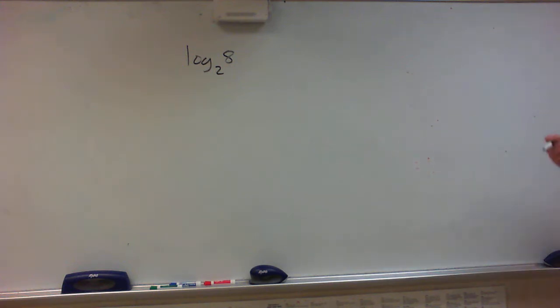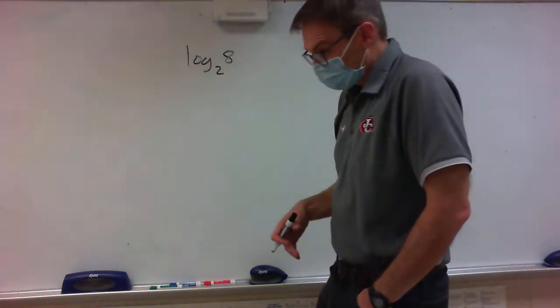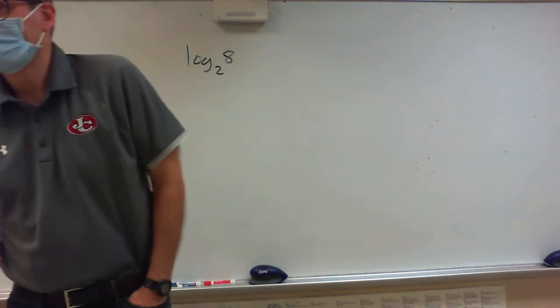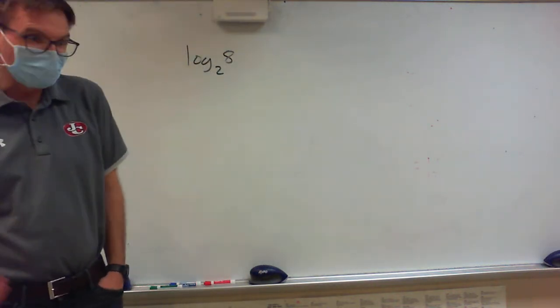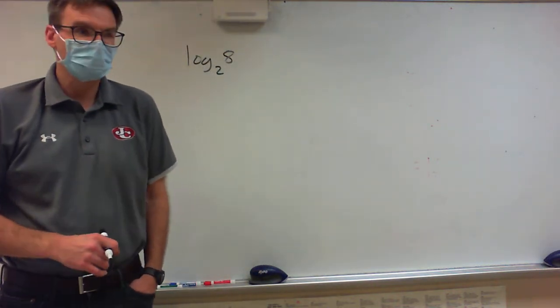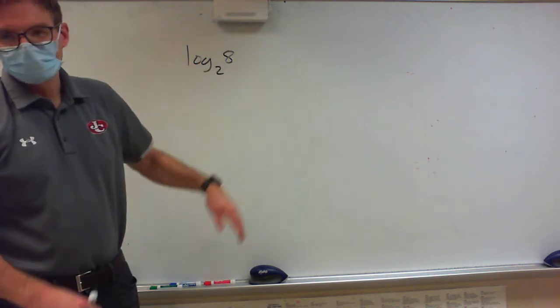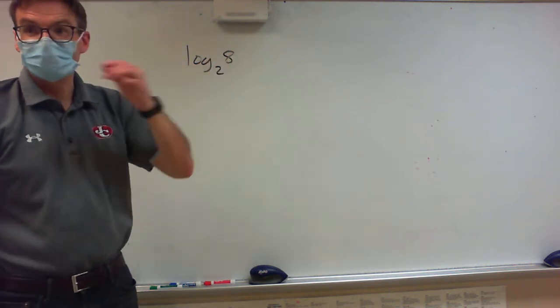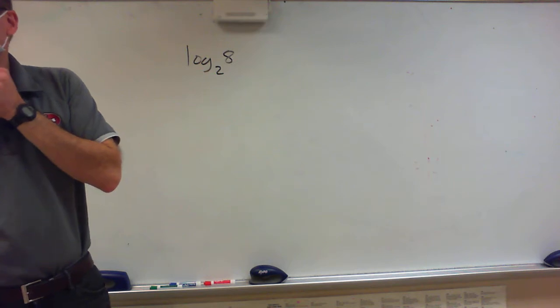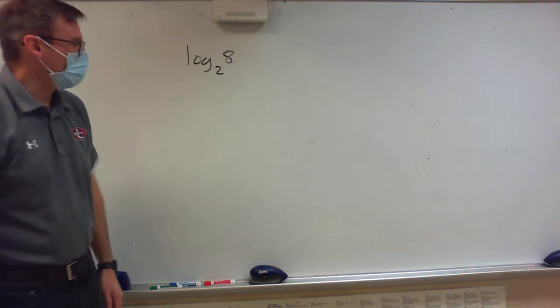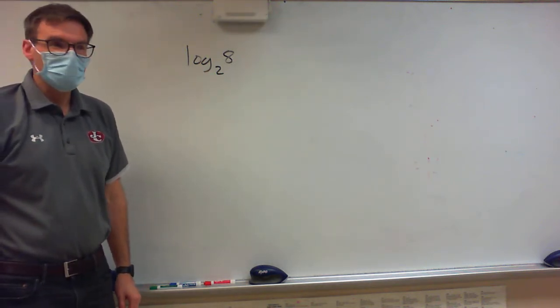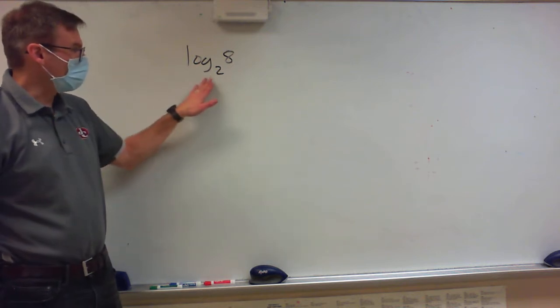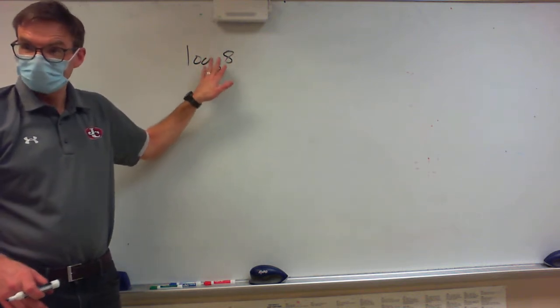Now, I'm going to tell you what I was told, and then I'm going to translate it. Because what I was told was correct, but it's confusing, right? So whenever you see log of something, it's really 2 to what power gives you 8. And that's what my Algebra 2 teacher told me, and I'm like, well, that doesn't help me. Okay. So here's what I want you to do. Has everybody got log base 2 of 8?